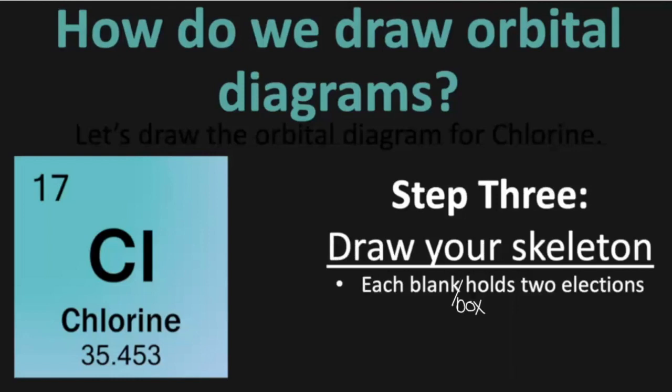And you all will see them used interchangeably, a blank or a box, right? So s, remember, can hold 2, so it just needs 1 orbital. Sometimes you'll see them as boxes, so then p holds 6, so it'll have 1, 2, 3.